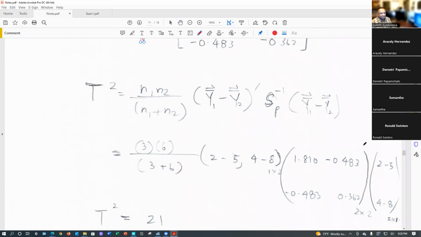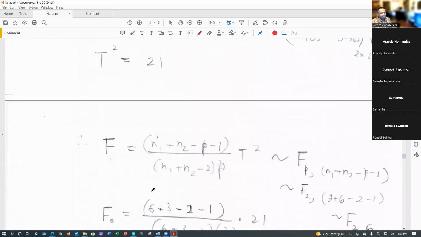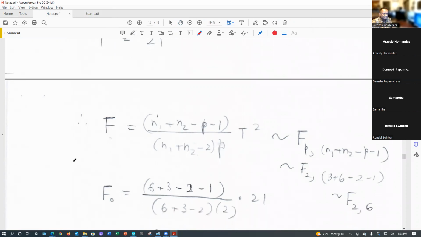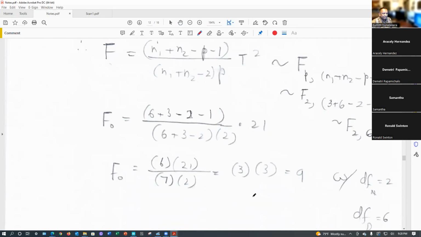If you have a row, now you have a column. And if you need the F, you multiply T squared by this whole thing, which is F: 6 plus 3 minus 2 - 1, times 21.